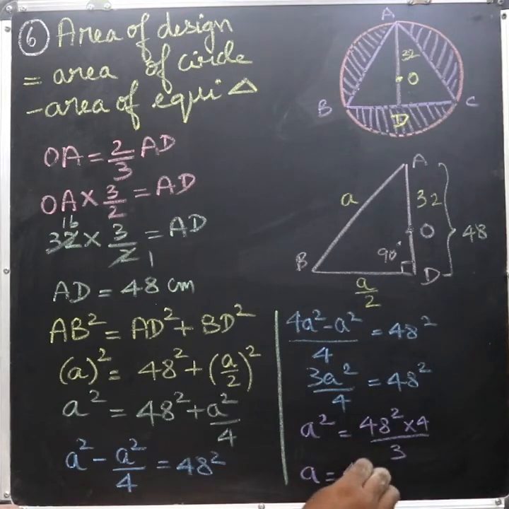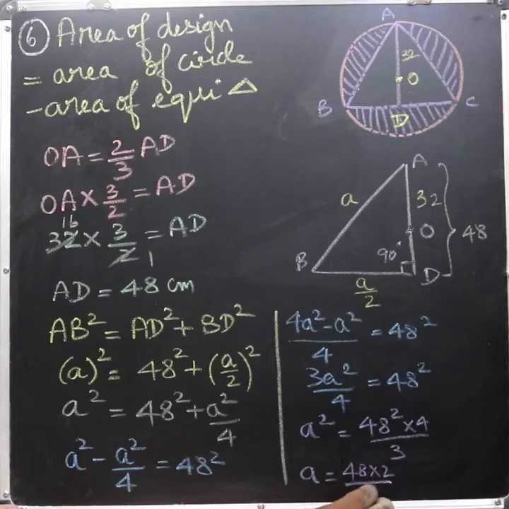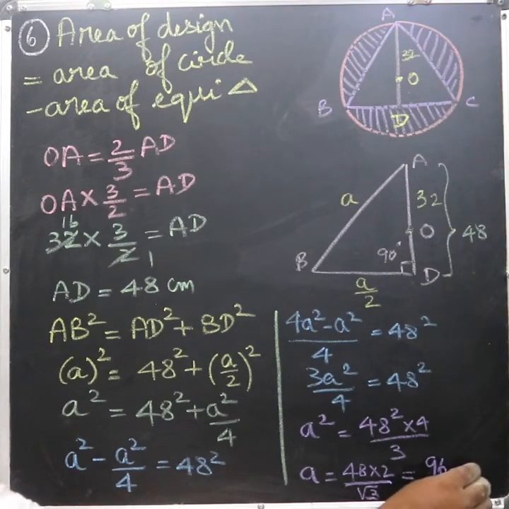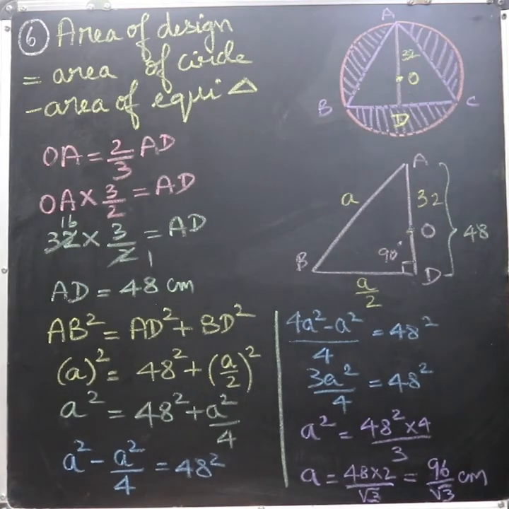So we are going to have 48 into 2, because the square root of 48 square is 48, the square root of 4 is 2. Then in the denominator we are going to have root 3, because the square root of 3 is root 3. So 48 into 2 is 96. So we have 96 by root 3. Now we finally found the measurement of the side of the triangle. It is 96 by root 3 centimeter.